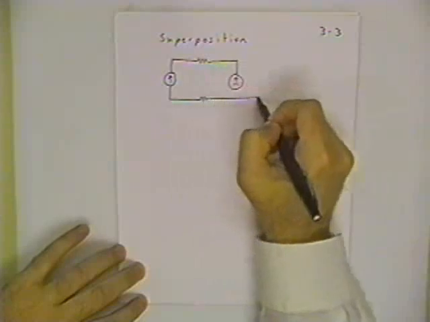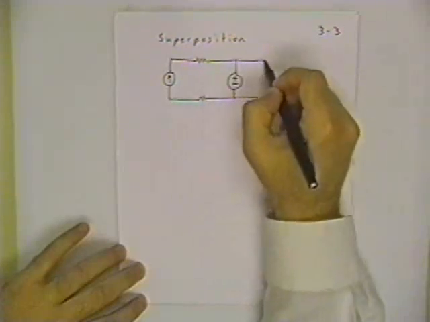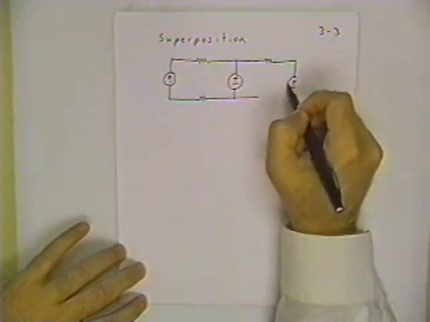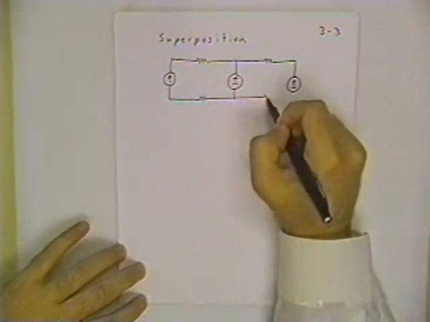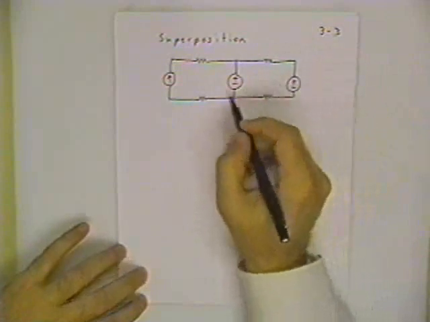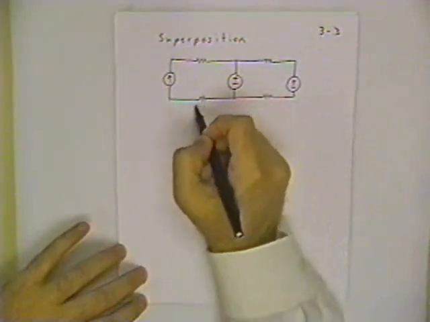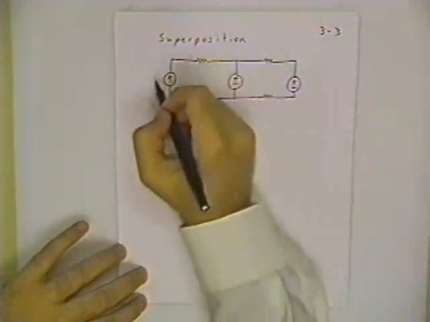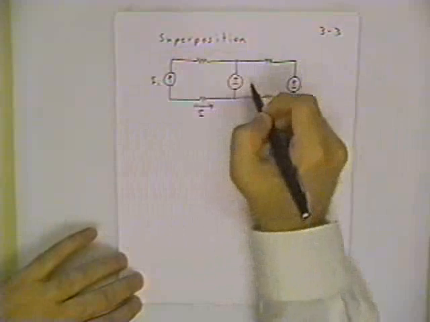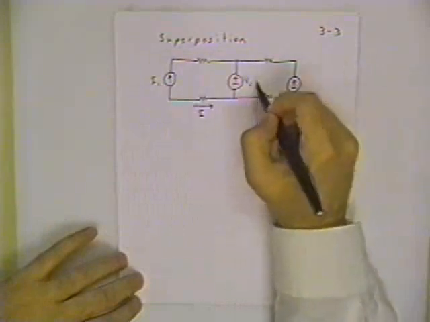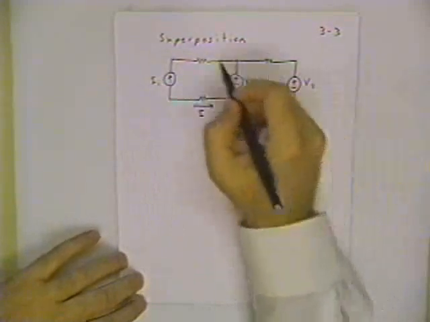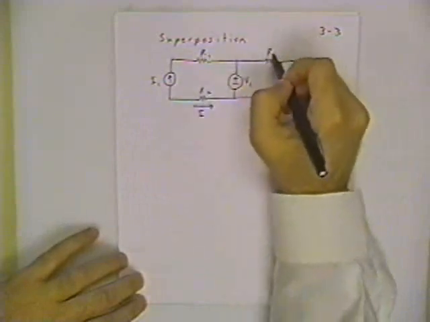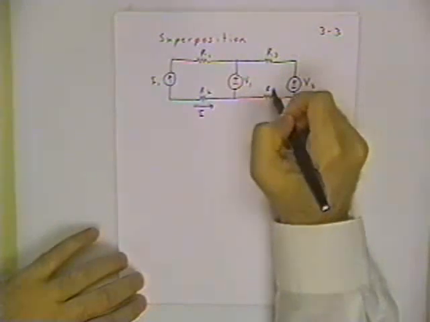So if I have a moderately complicated circuit like this one, and I want to focus on, say, the current in this resistor. Let's say this is the target of our calculation, to calculate that current. And this is I1 source, and this is V1, and this is V2. Let's say all these resistors have numbers R1, R2, R3, and R4.